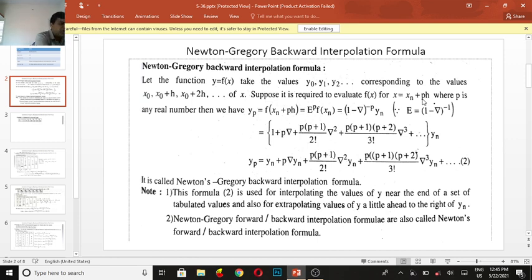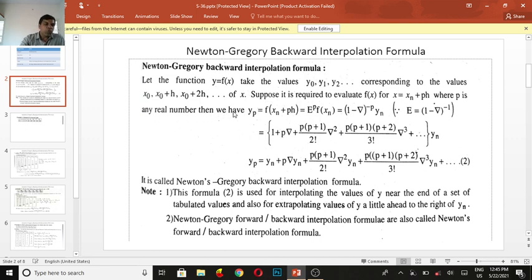In the forward interpolation formula we take x equal to x0 plus ph, starting from the initial value, but in the backward interpolation formula x should be equal to xn plus ph, taking the end value. So x should be equal to xn plus ph, where p is any real number.